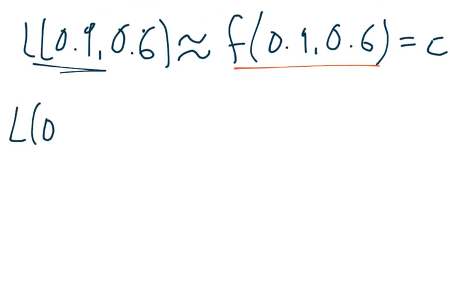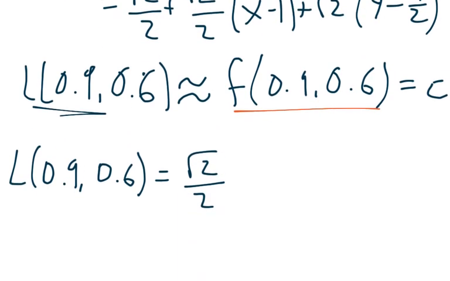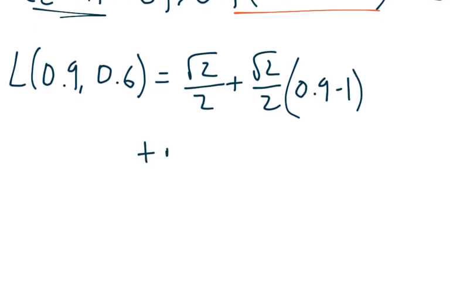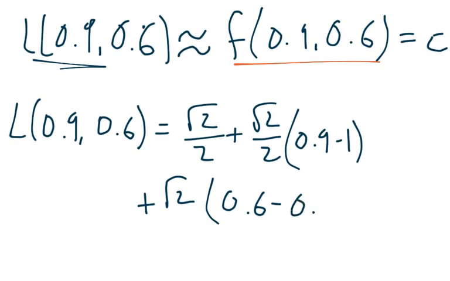So if we just do L of 0.9, 0.6, well, this is square root of 2 over 2 plus square root of 2 over 2 times 0.9 minus 1, plus square root of 2 times 0.6 minus 0.5.